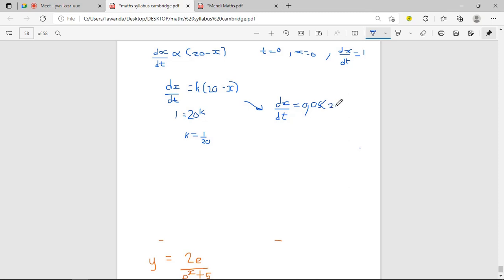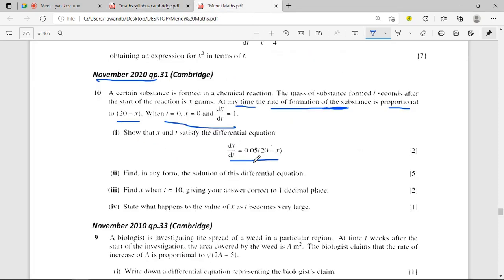We have managed to show that this will be our differential equation. This is now a differential equation. We have formulated that differential equation from the given statements, right?